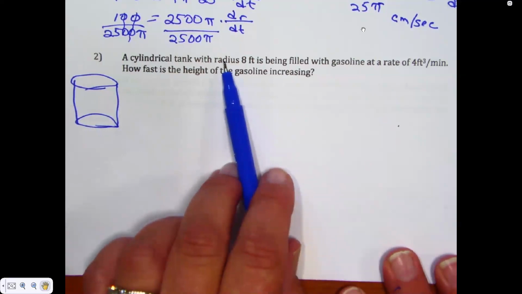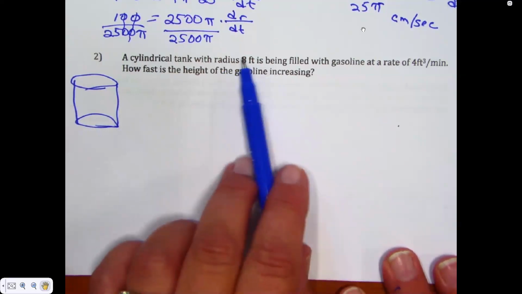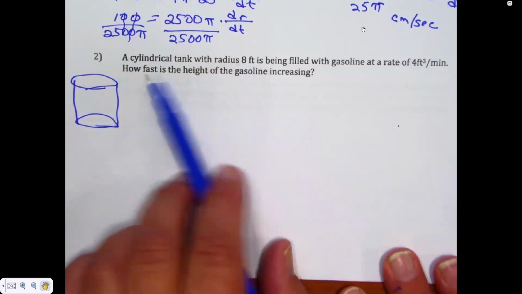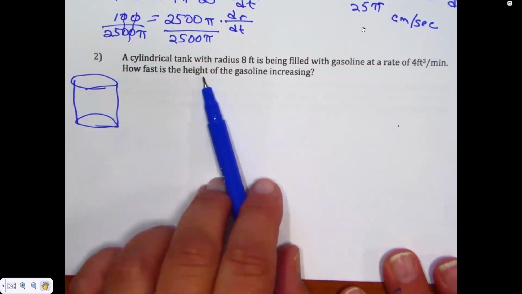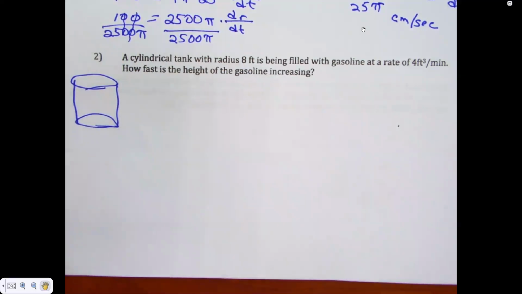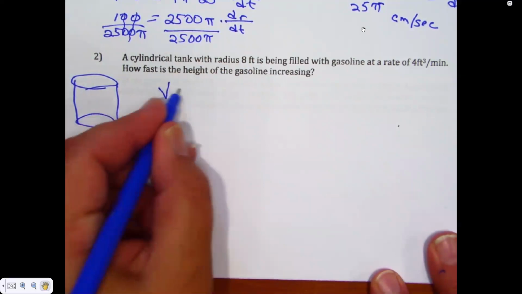All right, so cylindrical tank, what are they talking about? They're talking about radius. They're talking about height. And they're talking about filling up the tank. What word is that? Filling up the tank is volume, okay? So what's the formula for volume of a cylindrical tank?